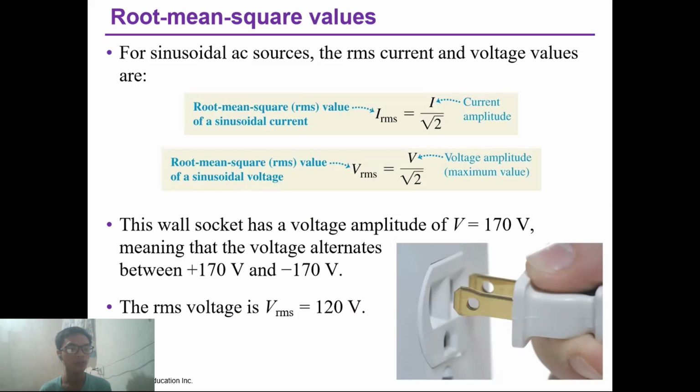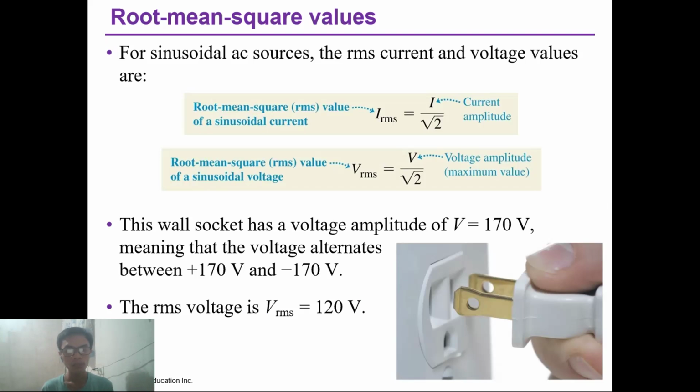We have another formula, V RMS, the value for a sinusoidal voltage, equal to V, the voltage amplitude, divided by the square root of 2. In here, the voltage amplitude is the maximum value.